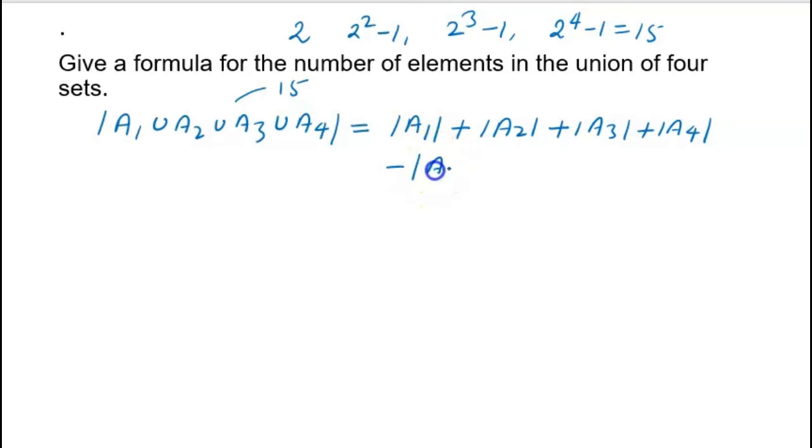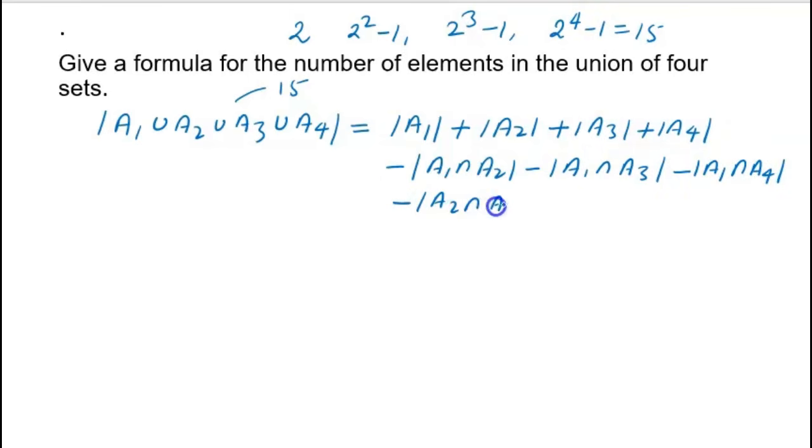I take A1 intersection A2, then A1 intersection A3, then A1 intersection A4, and then A2 intersection A3, then A2 intersection A4, and then A3 intersection A4.